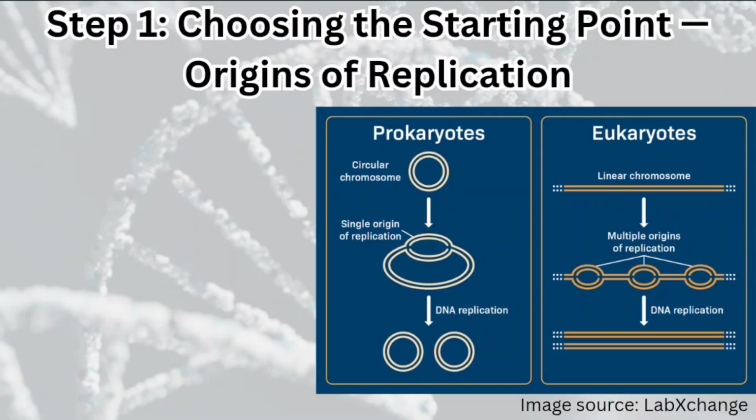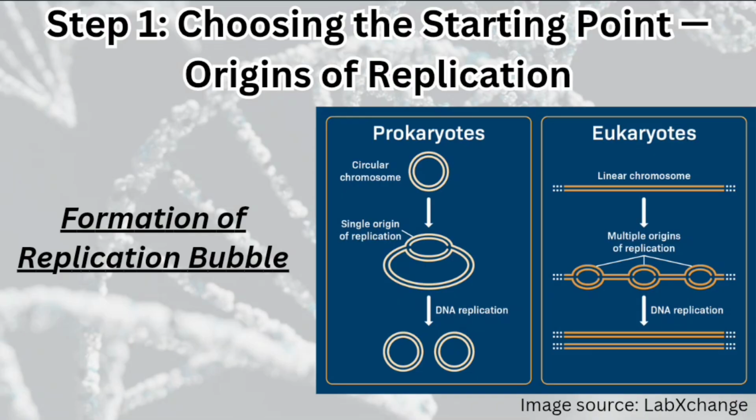Proteins called initiators recognize these regions, unwind a small portion of DNA, and form structures called replication bubbles. From these bubbles, replication forks spread outward in both directions. This massively speeds up the process. Otherwise, replication would take weeks instead of hours.